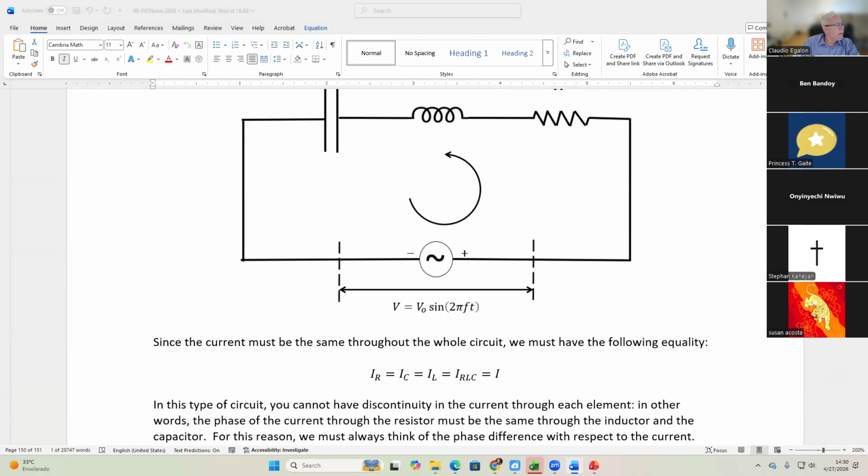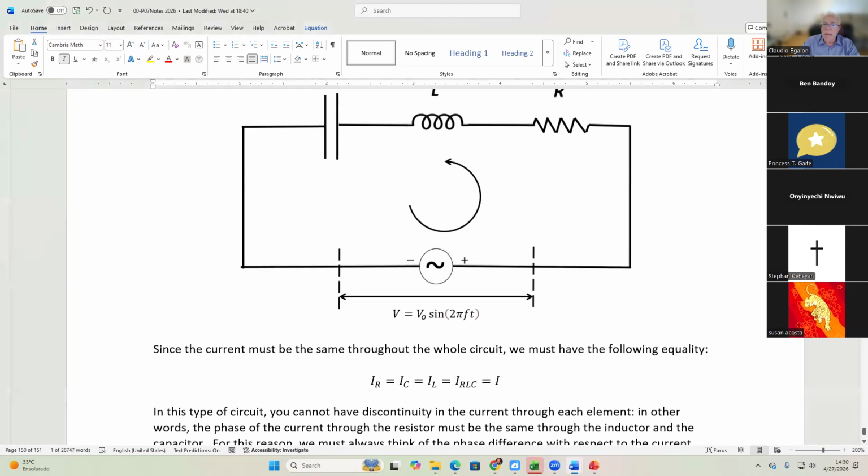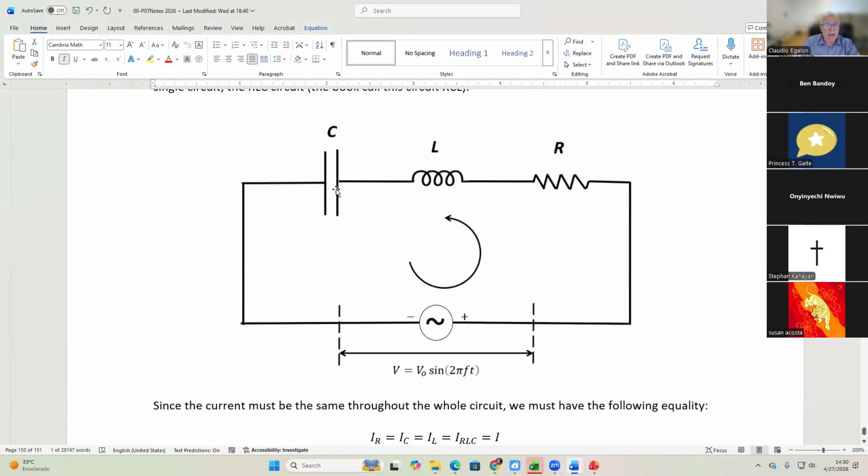If at a given instant of time, this pole here of the generator is negative and this one is positive, it means that this plate here of the capacitor is going to be positive, okay? So when we traverse from this positive polarity to the negative polarity, we are going to lose electric potential energy.